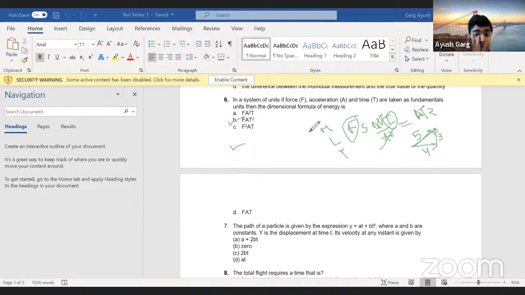Okay, let's move ahead. The path of a particle is given by the expression y is equal to a plus bt square, where a and b are constants. Y is the displacement at time t. Its velocity at any instant is given by?